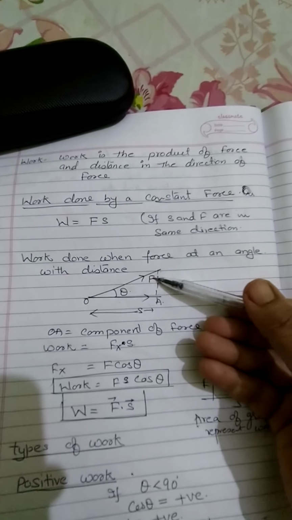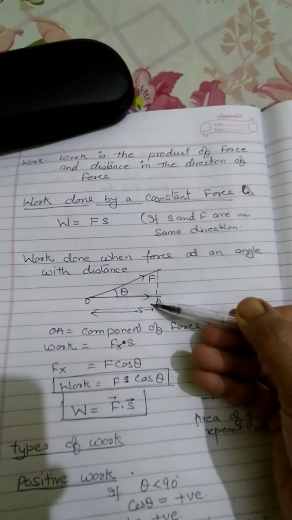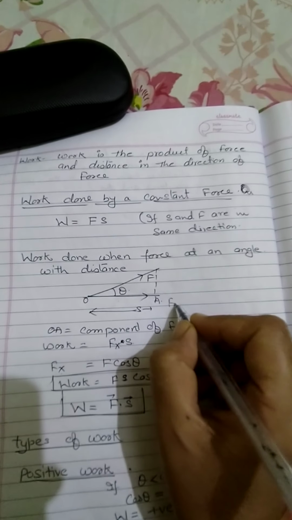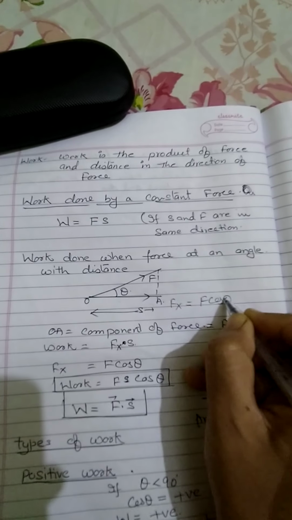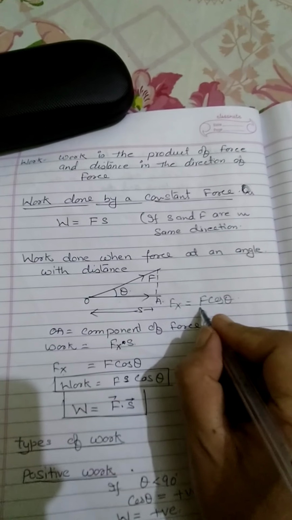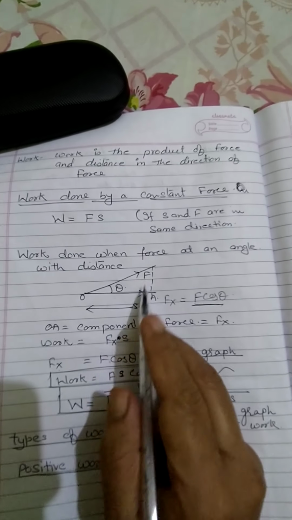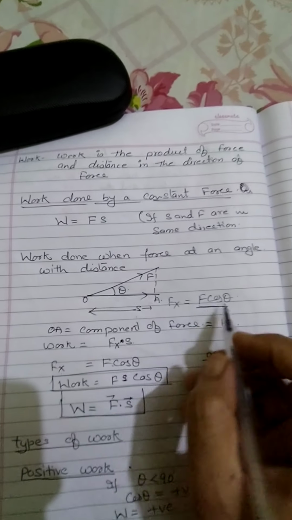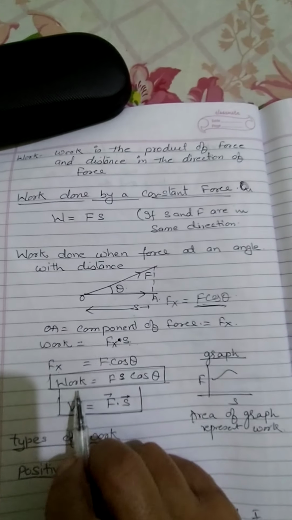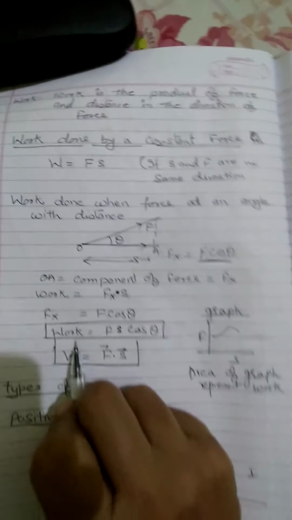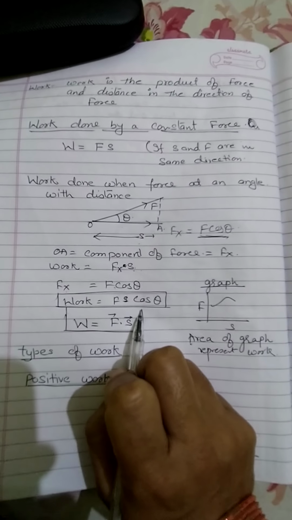So if we resolve this force along the direction of displacement, then you can write it as f cos theta. So now we have this f cos theta as the force along the direction of displacement. The product of this f cos theta and displacement will be the work done. So work done comes out to be fs cos theta.